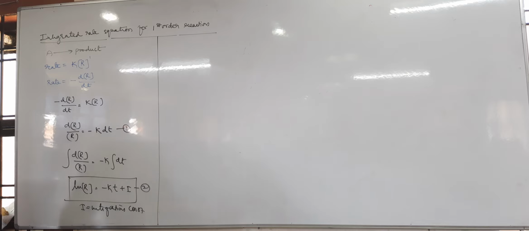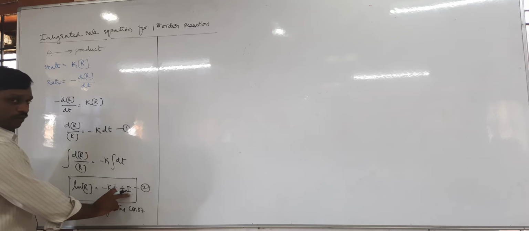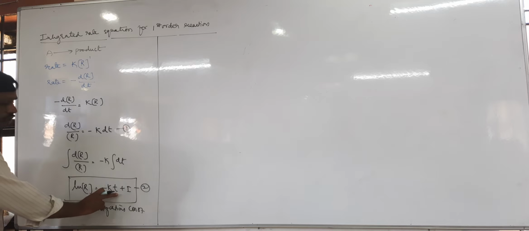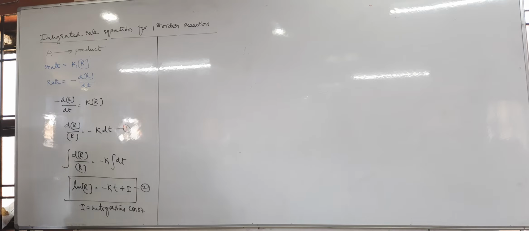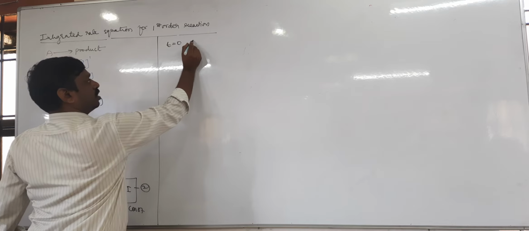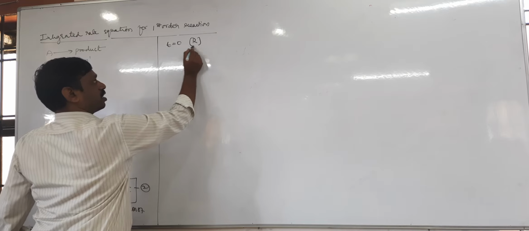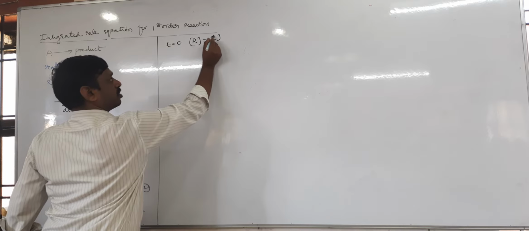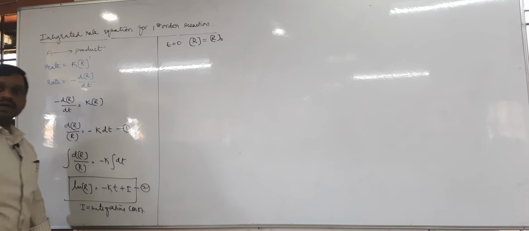Okay, now we want I value, so let us take t equal to 0, time 0 means before starting the reaction. When time equal to 0 before starting the reaction, then the concentration of reactant become initial concentration, R become R naught.